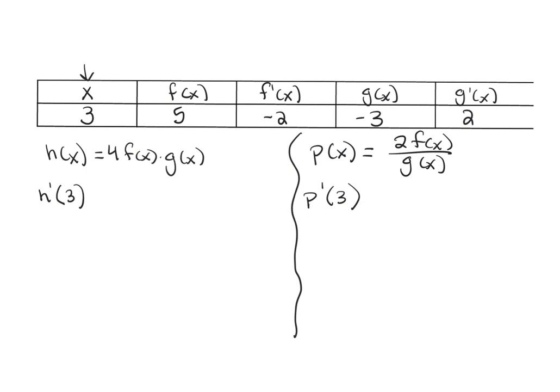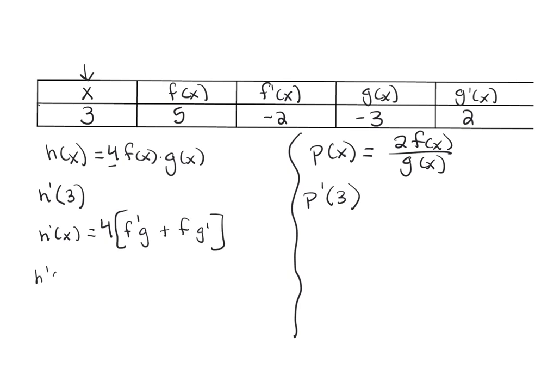Okay, so for the product rule, first I'm just going to do h prime of x. And you could just bring this coefficient out in front and then do product rule. So we're going to think f prime times g plus f times g prime.